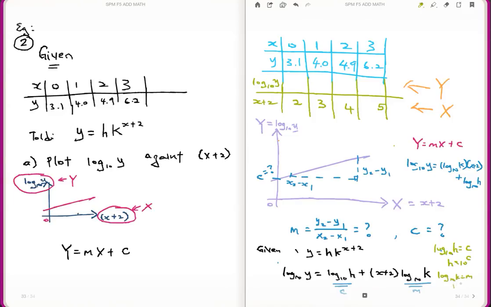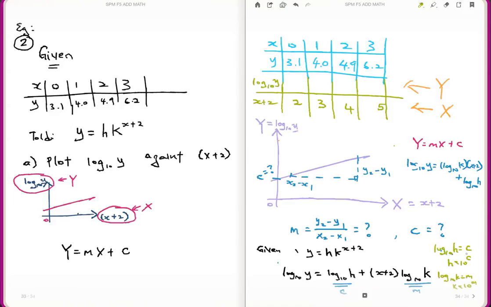Therefore, k would be 10 raised to the power of the gradient you obtain from the graph, and then eventually you get the numbers for h and k. Well, I think that's all. You need to do more practice from your books.